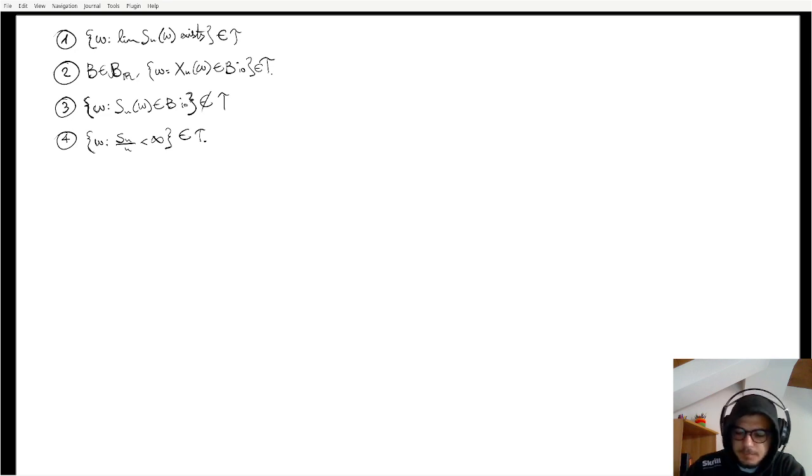And now, why is it important to know if an event does or does not belong to the tail sigma algebra? Because the following theorem will tell us something interesting.